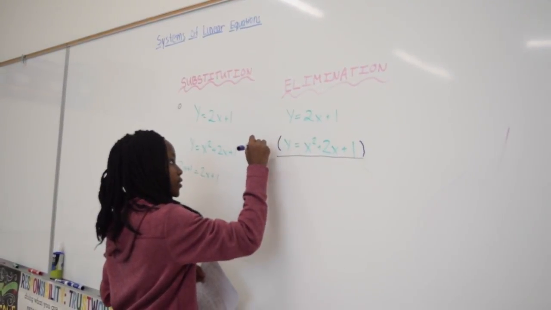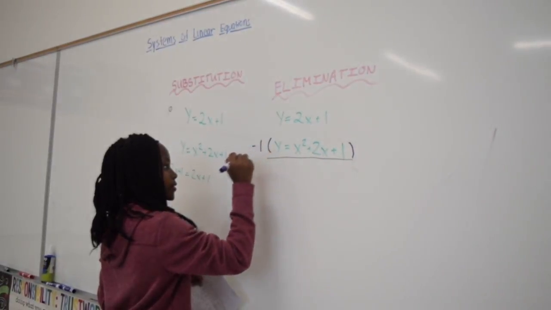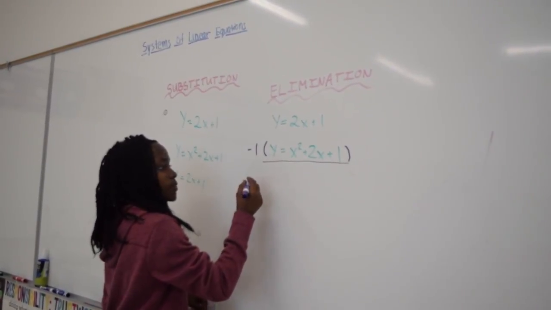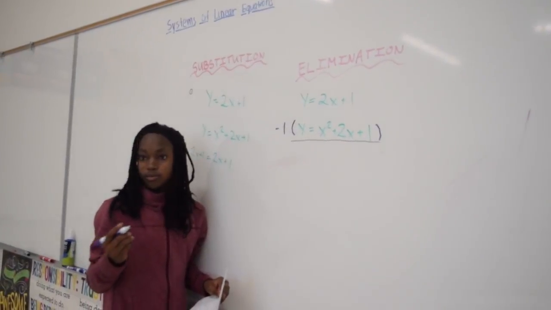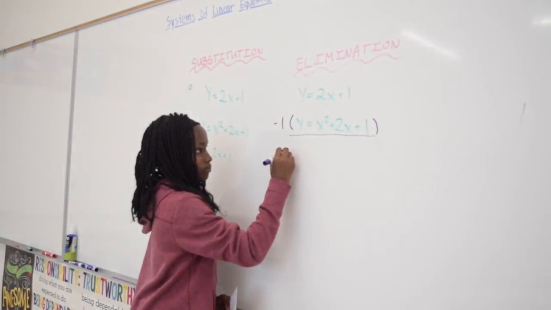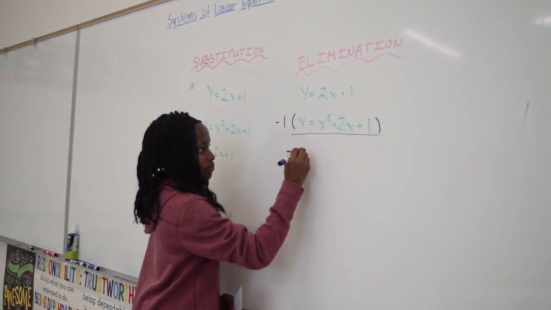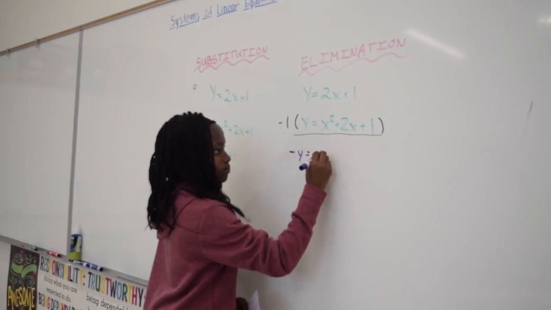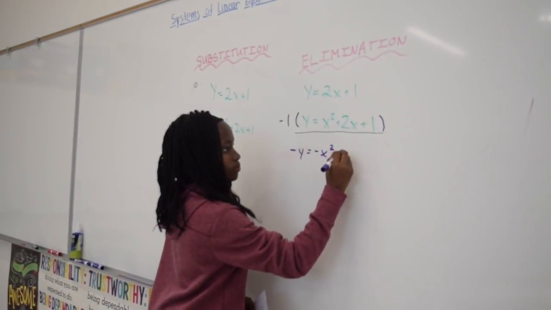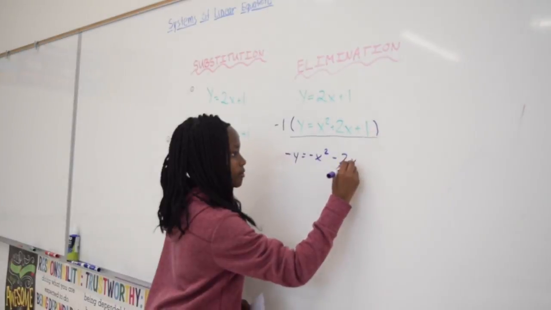I'm going to multiply this whole equation by -1. So then, what will we have? Negative x squared, negative 2x, -1 equals negative y. Good job.